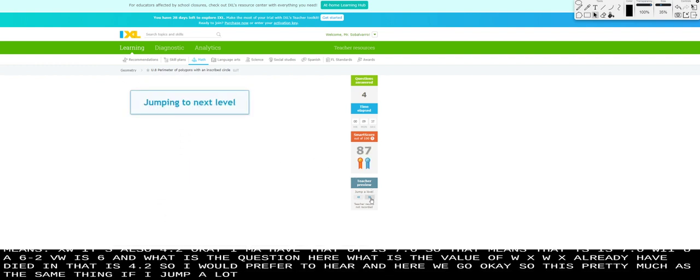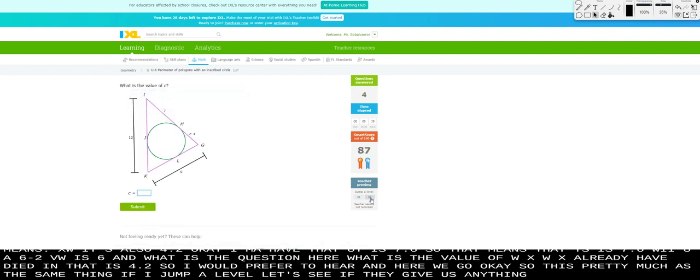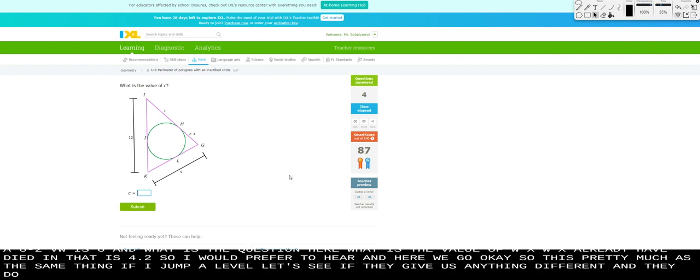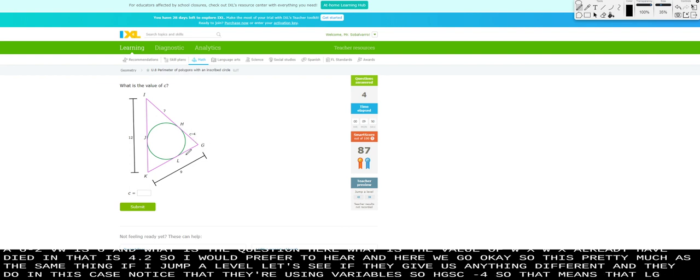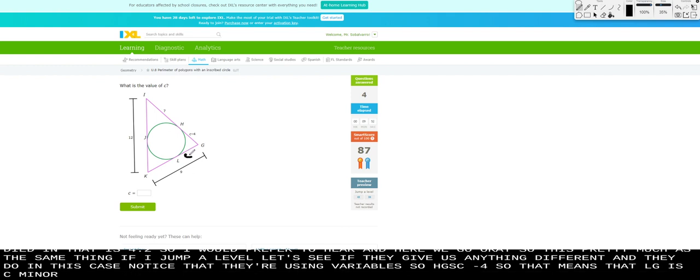If I jump a level, let's see if they give us anything different, and they do. In this case, notice that they're using variables. So HG is C minus 4, so that means that LG is C minus 4.